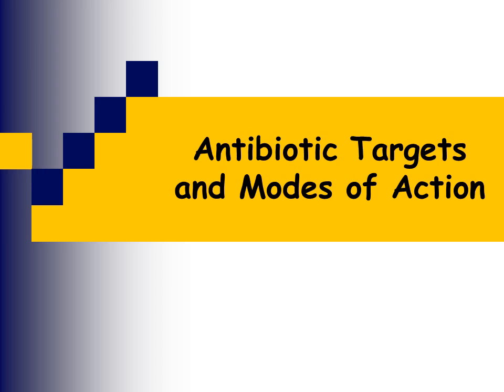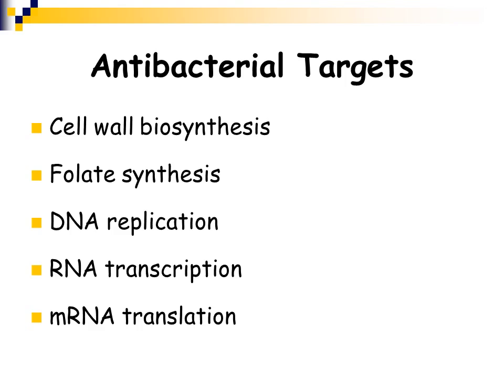Now the antibiotic targets and modes of action, and this is where that selective toxicity comes into play. Antibiotics have to target areas that will be toxic to bacteria and not to our own cells.